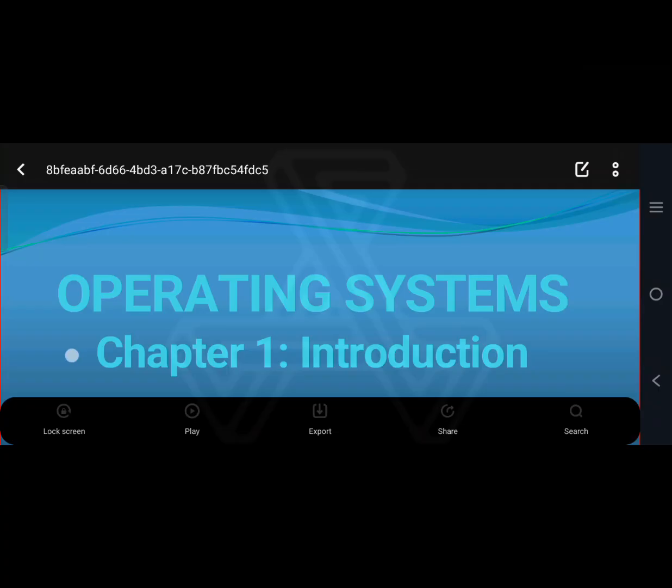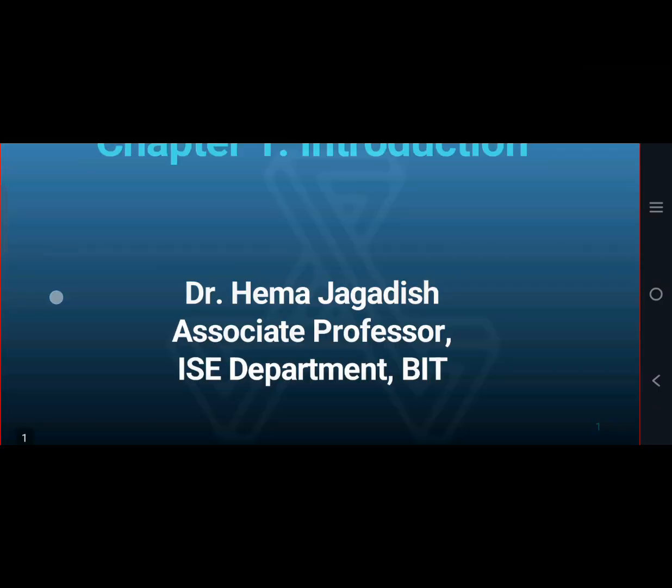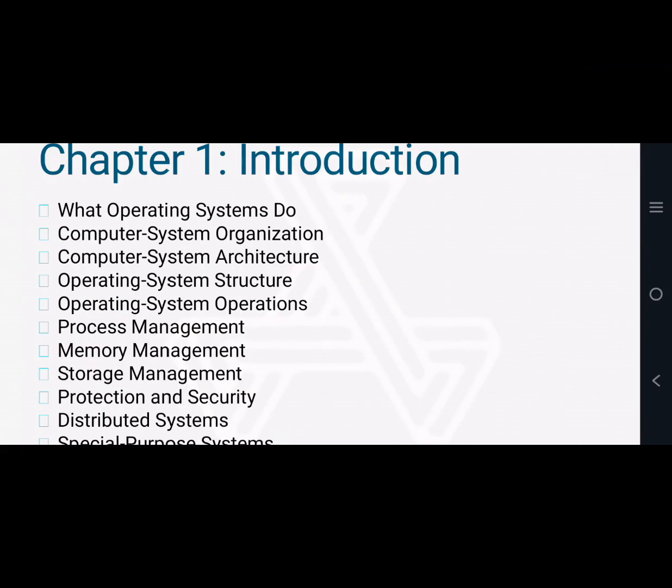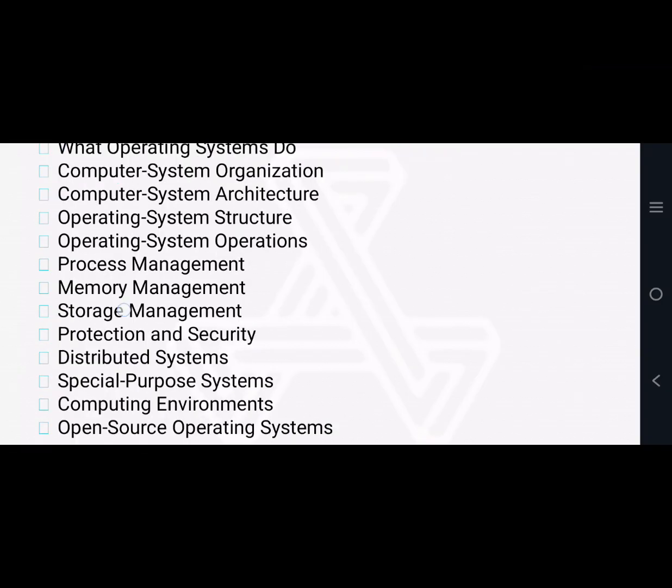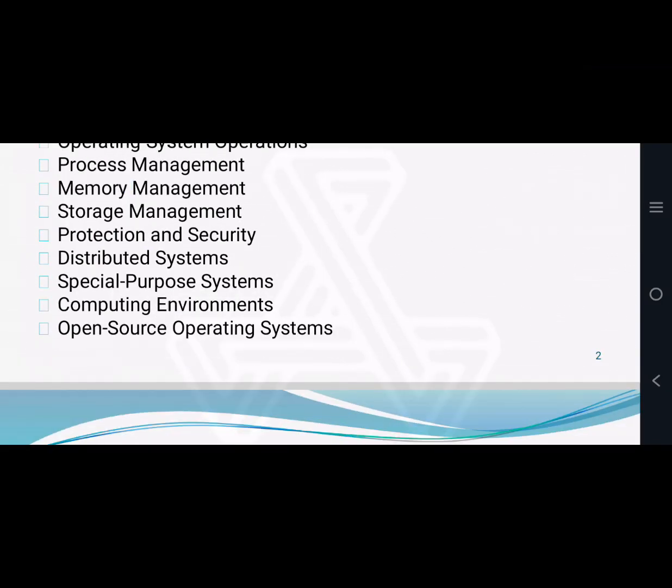Operating Systems, Chapter 1: Introduction. What operating systems do? Computer system organization, computer system architecture, computer operating system structure, operating system operations, process management, memory management, storage management, protection and security, distributed systems, special purpose systems, computing environments, open source operating systems.